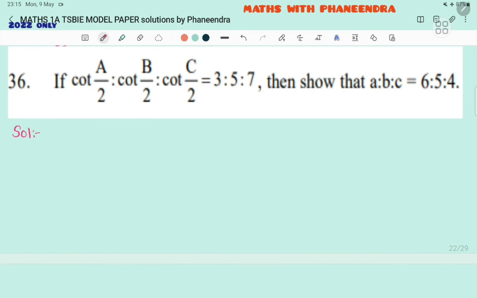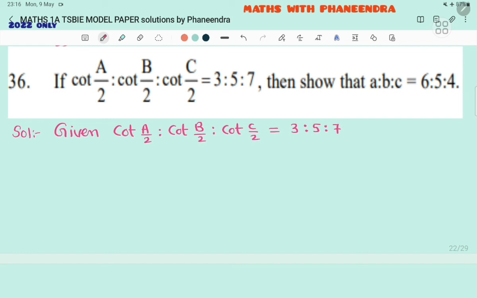If cot A by 2 : cot B by 2 : cot C by 2 is equal to 3:5:7. So first, given cot A by 2 is to cot B by 2 is to cot C by 2 is equal to 3 is to 5 is to 7.